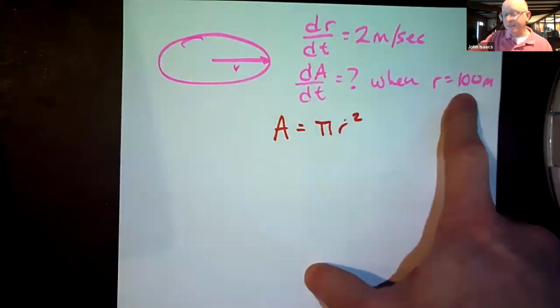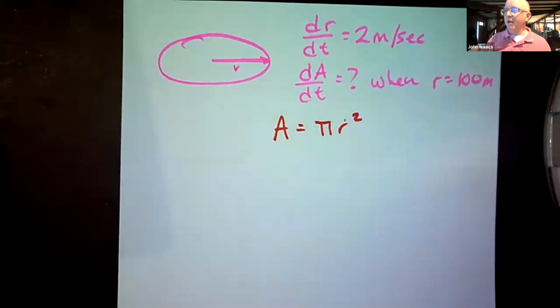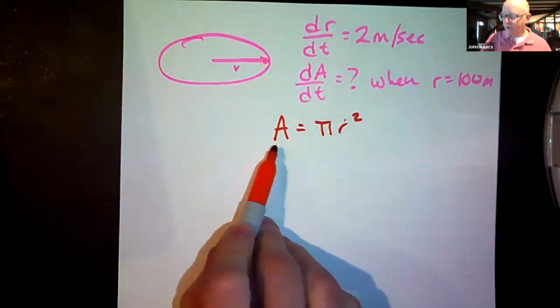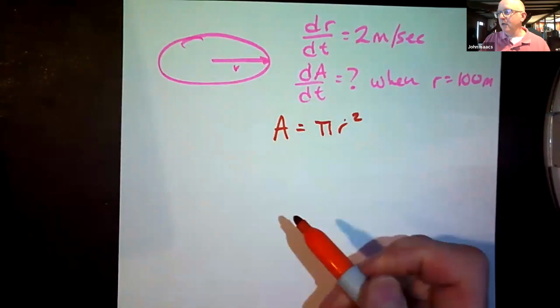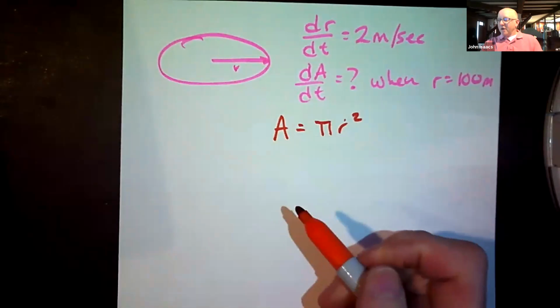Don't substitute too early. However, in some problems, there are some things that we need to substitute before we differentiate. But in this case, we have area in terms of radius. We're going to take the derivative, so implicit differentiation.